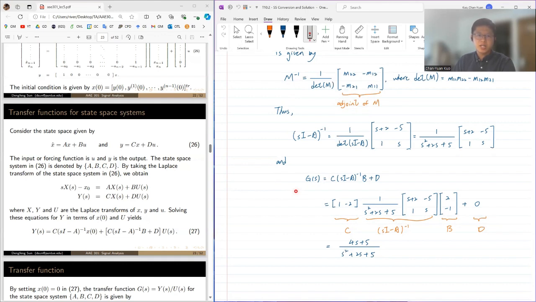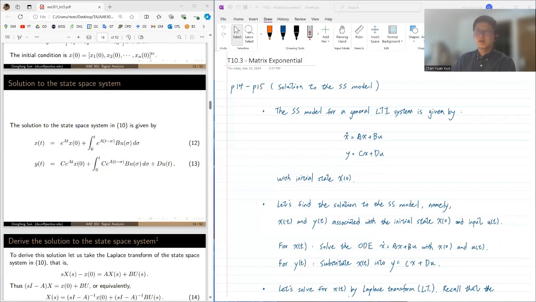Now let's move on to the last section of this lecture, the solution to the state space model and the matrix exponential. First, let's recall again the state space model for a general linear time invariant system consists of the state dynamics equation x dot equals Ax plus Bu and the output equation y equals Cx plus Du along with the initial state x of 0.